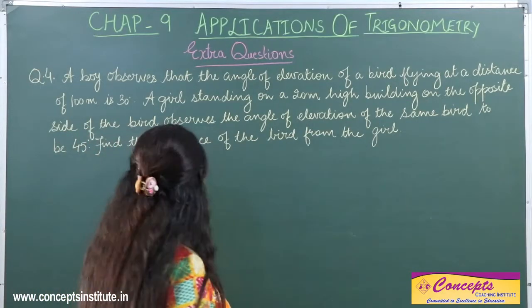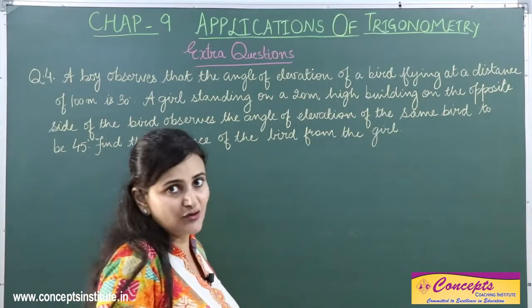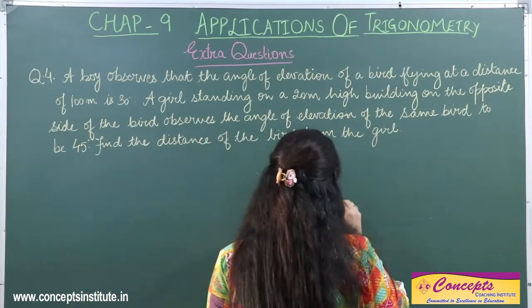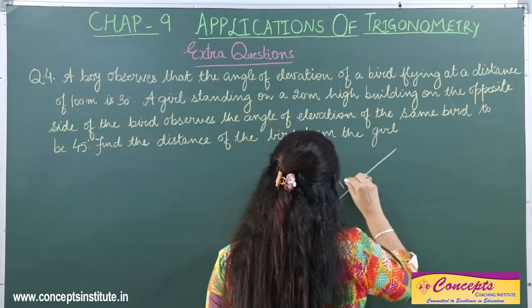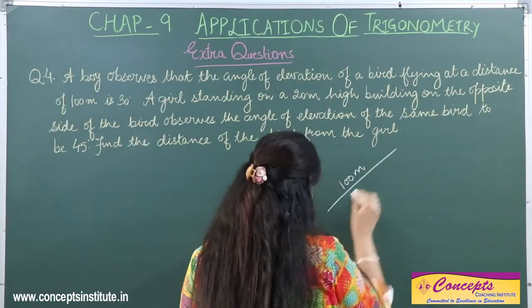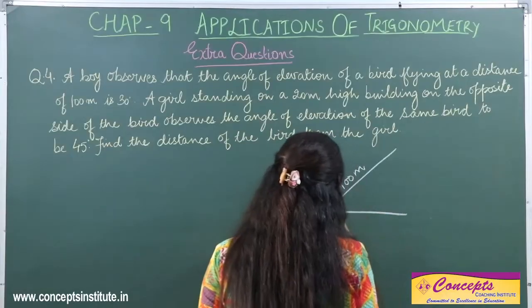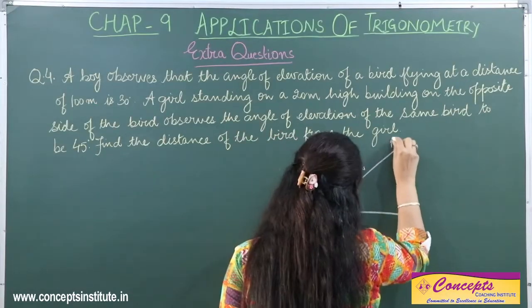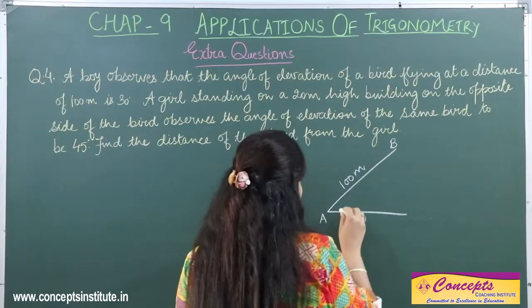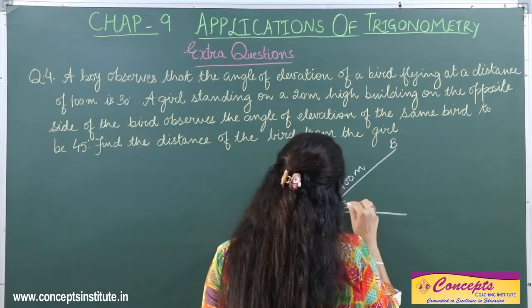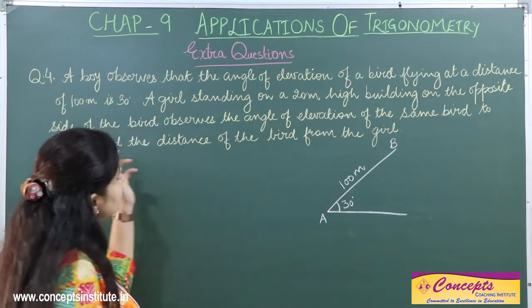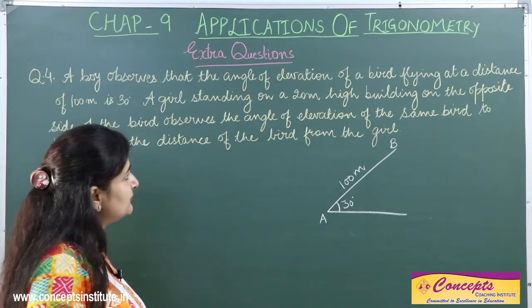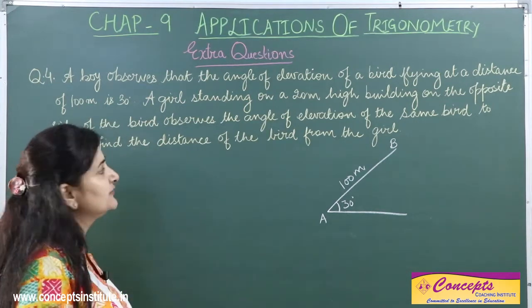Look, here the height of the boy is not given to us. So, we are going to take it from the ground itself, that is this distance of the boy from the bird. So let's say A is the boy and B is the bird. So this distance is given 100 meter and the angle of elevation is given 30 degree. And a girl is standing on a 20 meter high building on the opposite side of the bird.